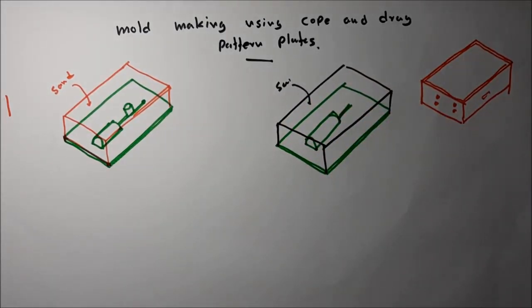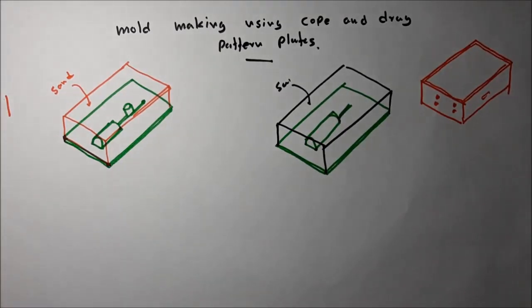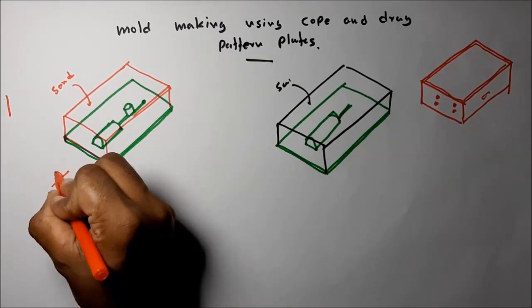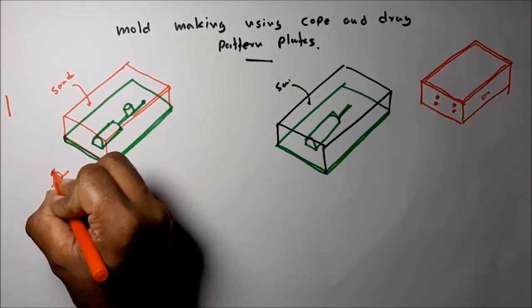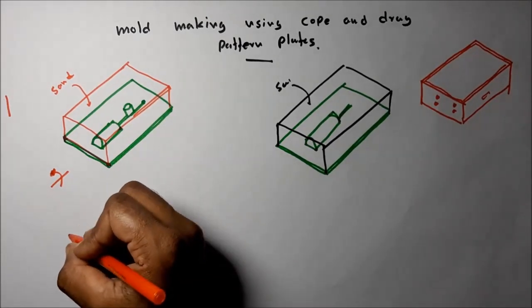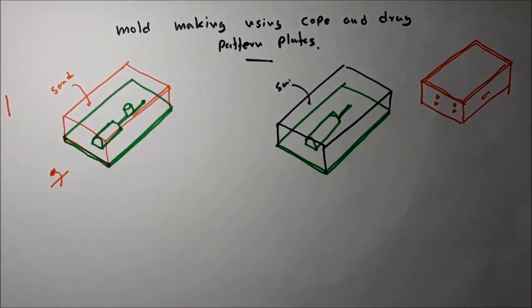So after compacting the sand, what happens? This is inverted. Sorry, this is inverted, we turn it the other way. So finally we have this kind of cavity.